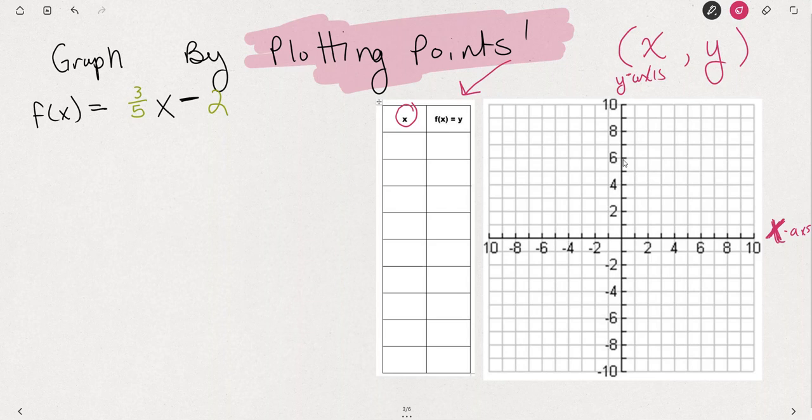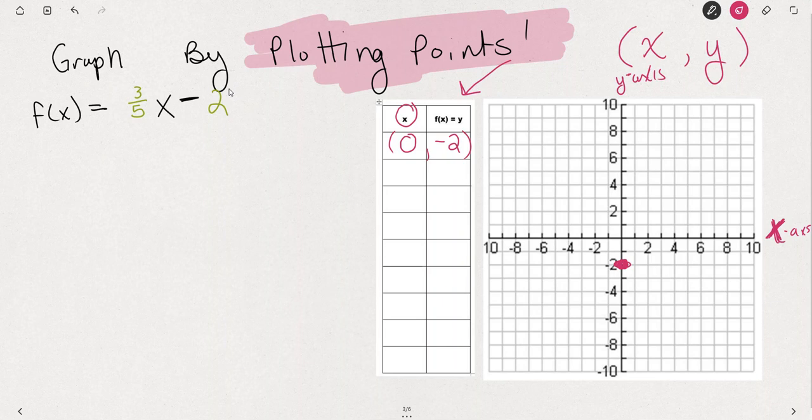So for example, if I had the point x equals 0, y equals -2, that point would go left or right on the x-axis 0 units, and it would go up or down, in this case down because it's -2 units. So we'd end up right here at this point, and we call this point (0, -2). But by using point plotting, I can graph any function, not just this easier linear function, but I could plot any function.